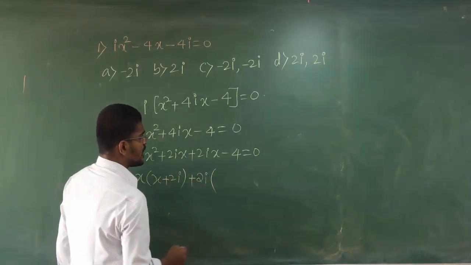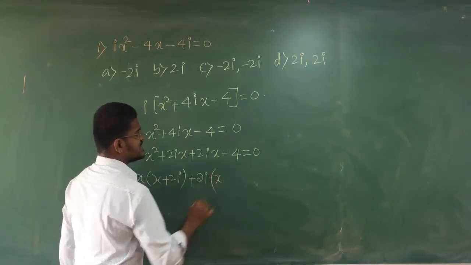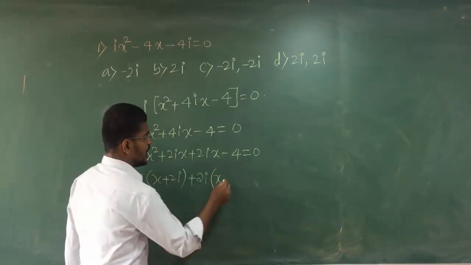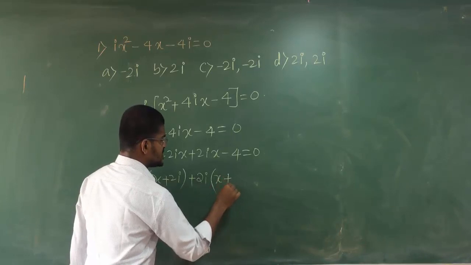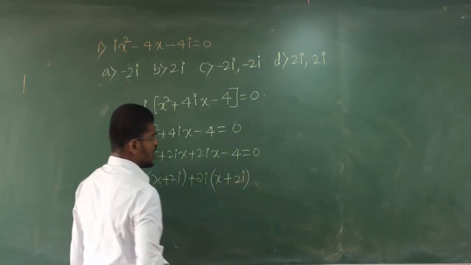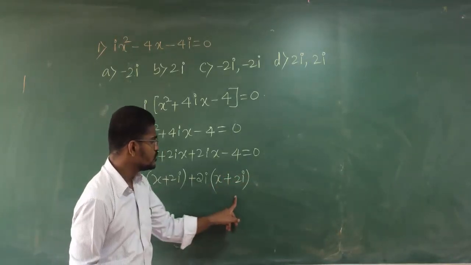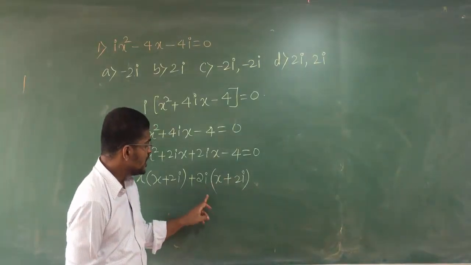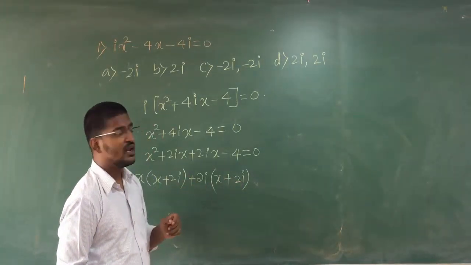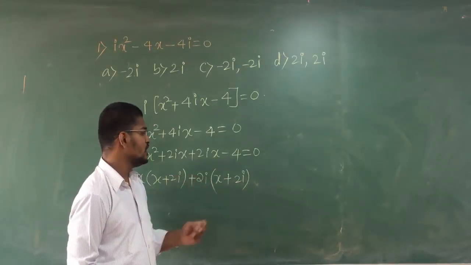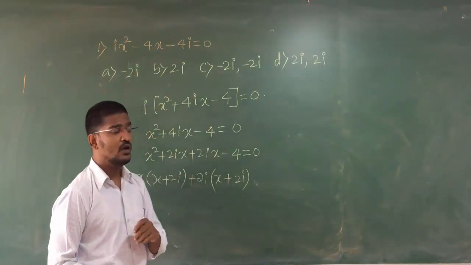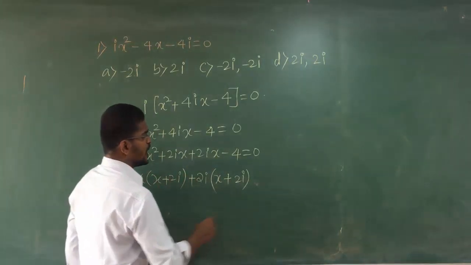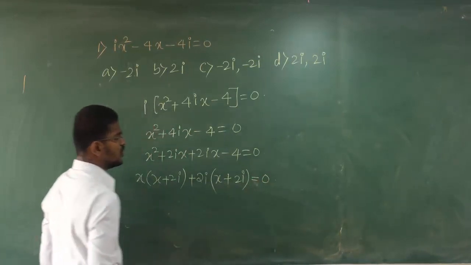So what you are going to have, x as it is. Here you are going to have plus 2i. Why? Because see here 2 into 2 it will be 4. i into i will be i square. i square is minus 1. So it will be minus 4. For that reason I will take plus 2i as common and this is equal to 0.